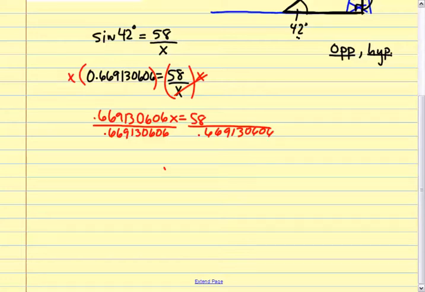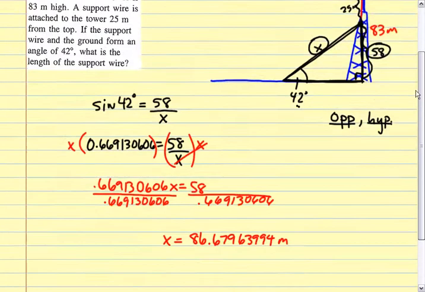I get that x is equal to 58 divided by 0.669130606, and I get 86.67963994 meters.